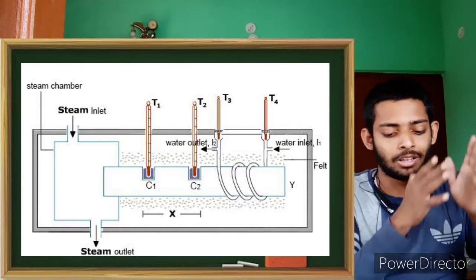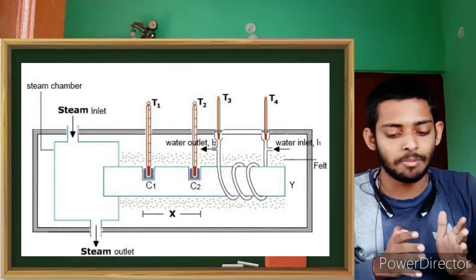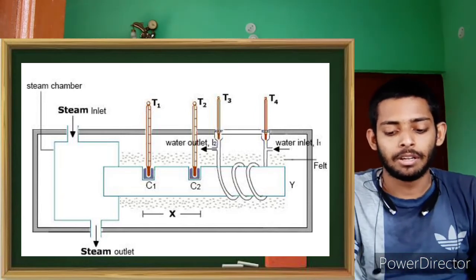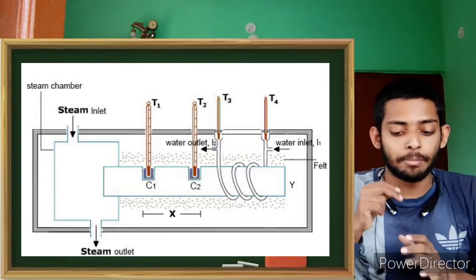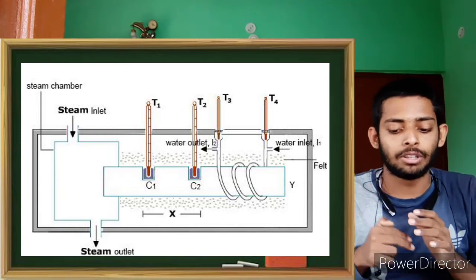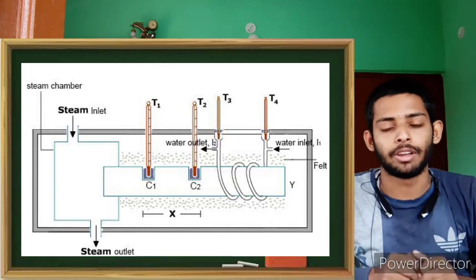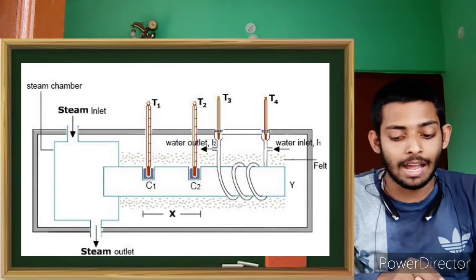First, there is a steam source, and there are four thermometers, and there is a metal rod, and the metal rod is coiled with a copper tube in which water is moving.